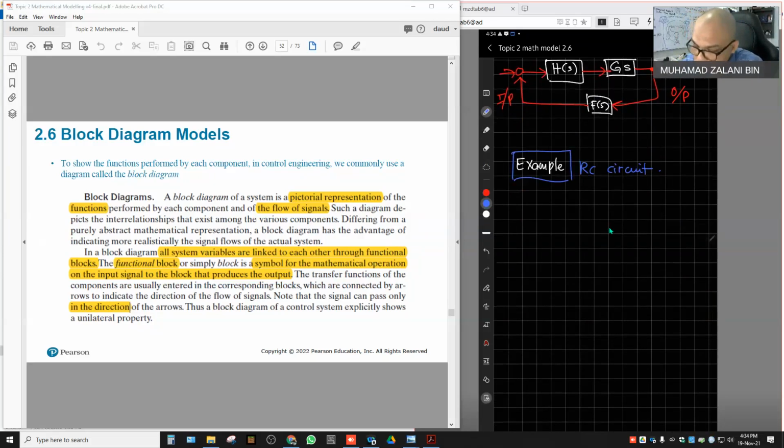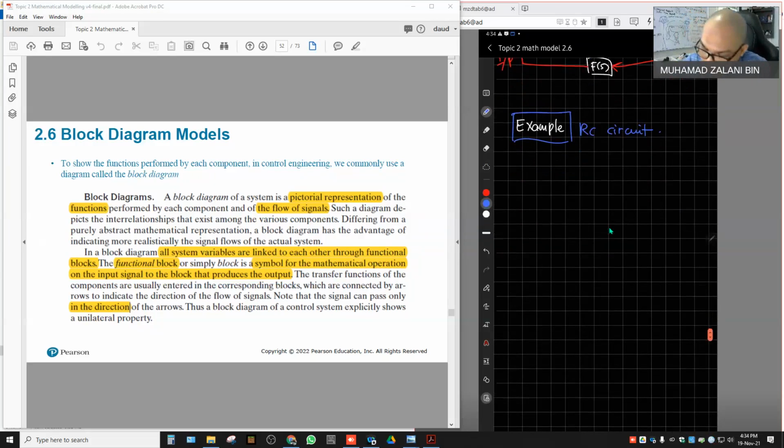So for that RC circuit, let me just draw it. Basically, it has an R element and a parallel branch of a C capacitor, and also input and output.